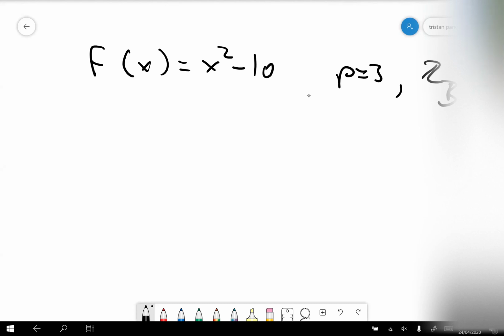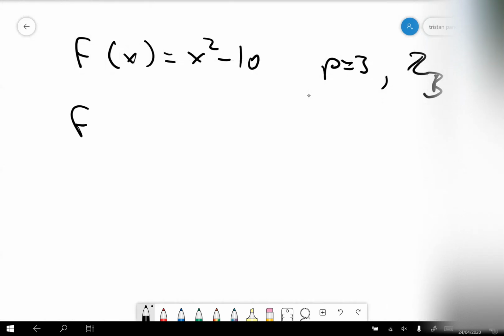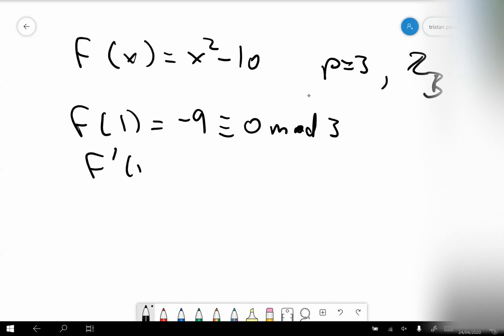Well, clearly, f of 1 is -9, and that's congruent to 0 mod 3. And the derivative is 2, which is not 0 mod 3.